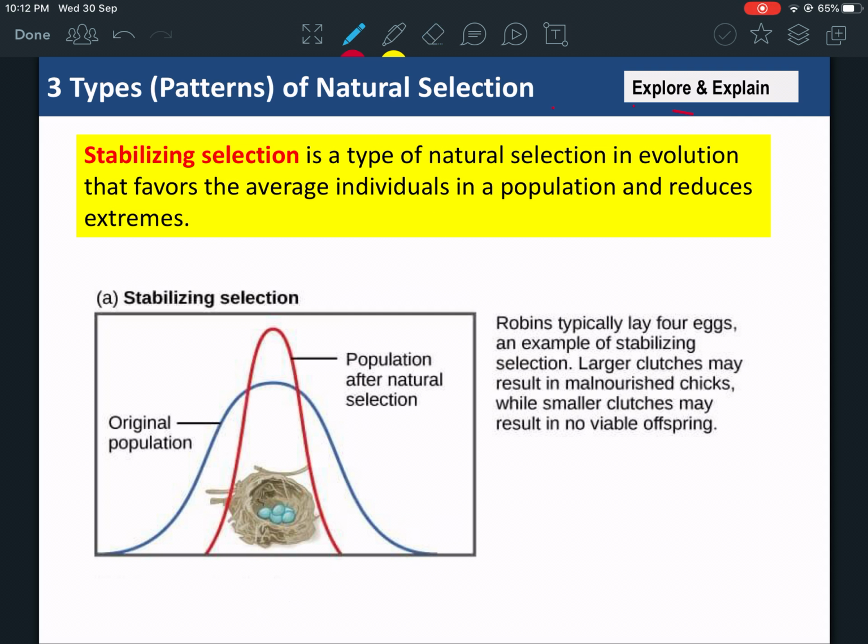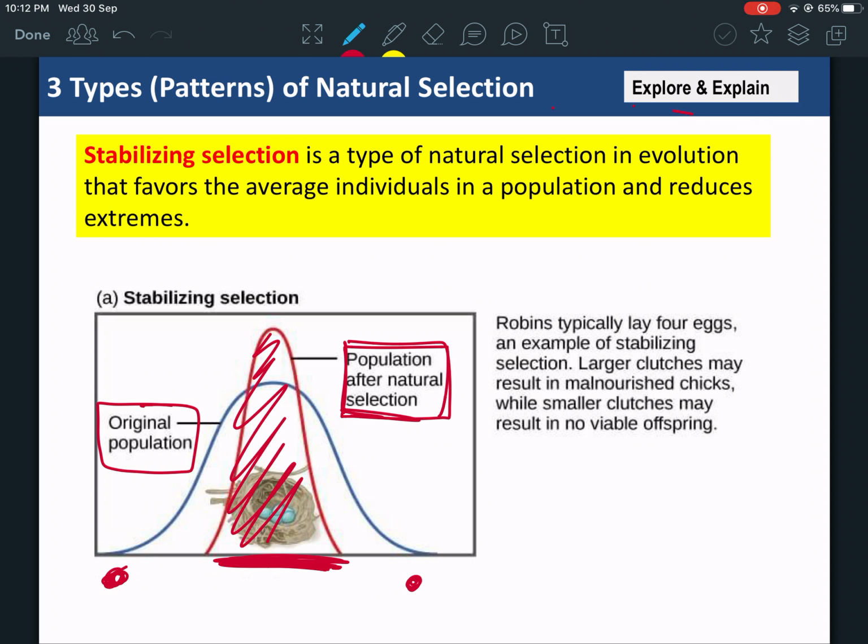This is a type of stabilizing selection. It means the population is becoming more stable, and moving to the average. This is the average. These are the extremes, here and here. The blue line is the original population. The red line is the population after natural selection. After natural selection, they're all in the middle, all laying 4 eggs.